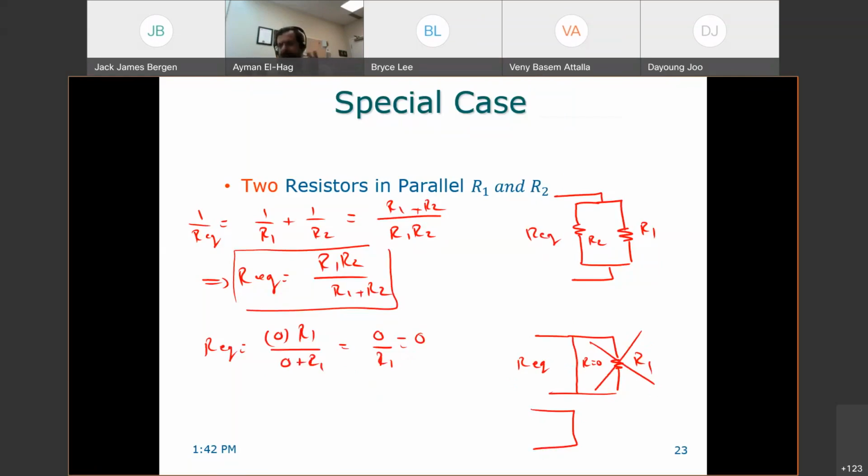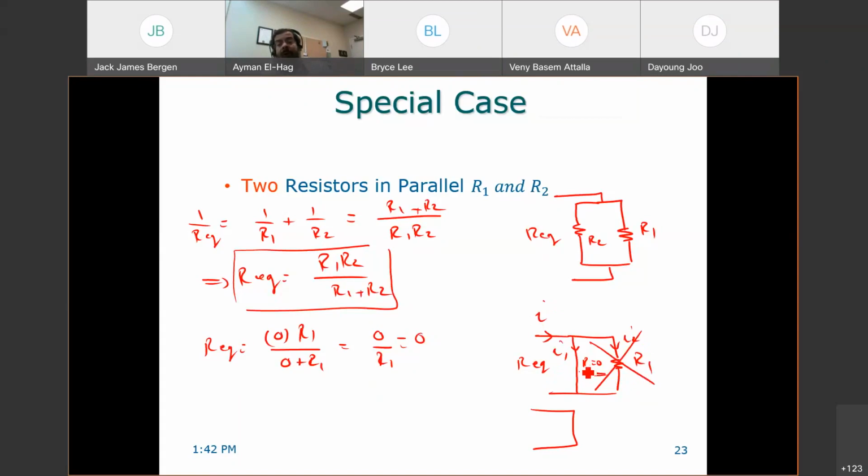How can I look at it from a different angle? Assume that any short circuit has a resistance equal to 0. So if I have a current I, we'll have here I1 and I2. But because this has no resistance, the current tends to go to the path with the lowest resistance. This one has certain resistance.